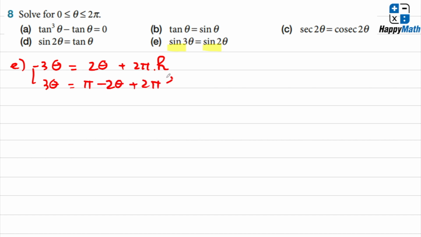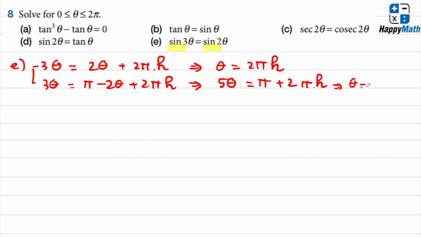Then the first gives theta equals 2 pi k, and the next is 5 theta equals pi plus 2 pi k, so theta equals pi over 5 plus 2 pi k over 5.